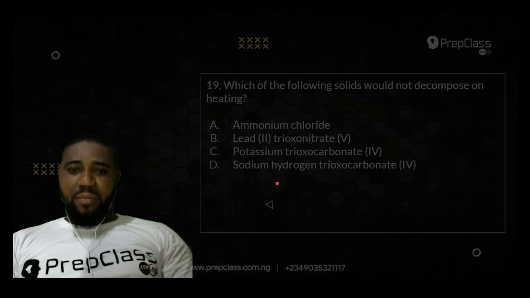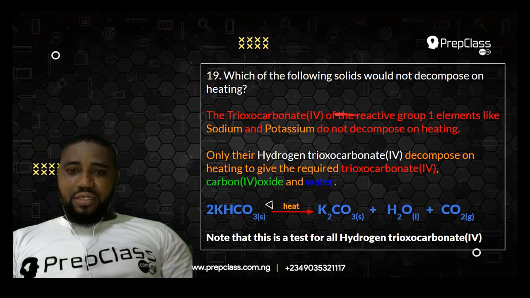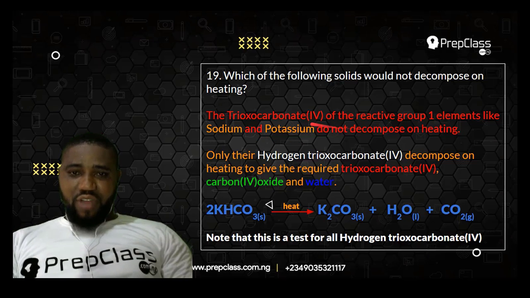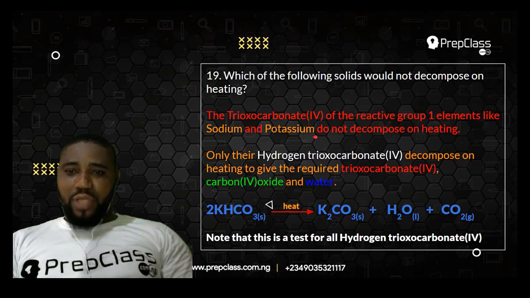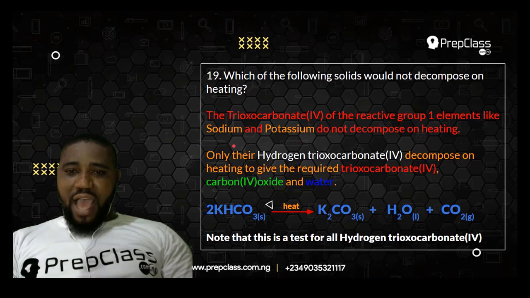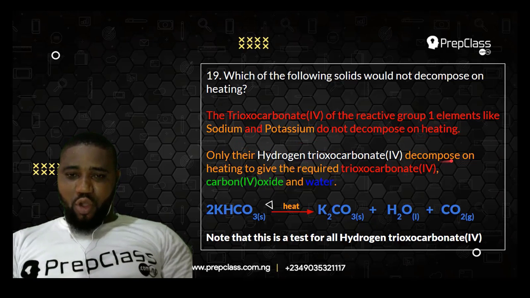Now, you must remember this, that the trioxocarbonate(IV) of reactive elements like sodium and potassium do not decompose on heating. Only the hydrogen trioxocarbonate(IV) decomposes on heating to give the trioxocarbonate(IV), carbon(IV) oxide, and water.